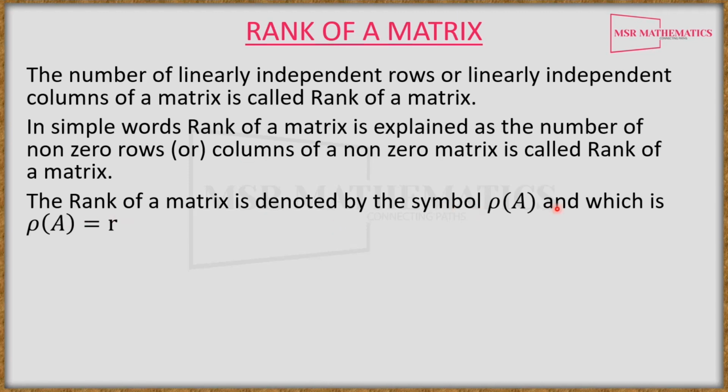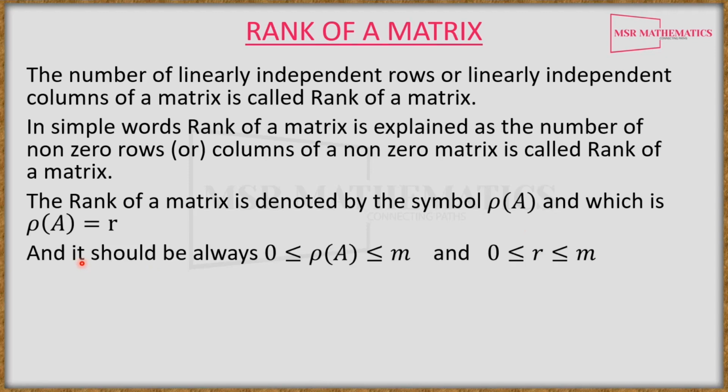The rank of a matrix is denoted by ρ(A), and it should always satisfy 0 ≤ ρ(A) ≤ m, and 0 ≤ r ≤ m. Since ρ(A) is equal to r, this lies between 0 and m. Here m is the number of rows present in the matrix.